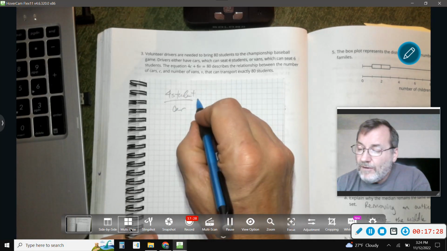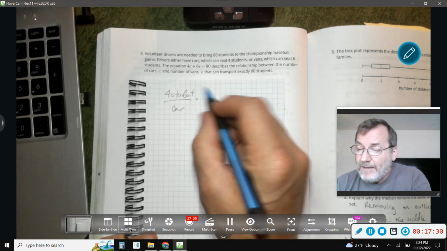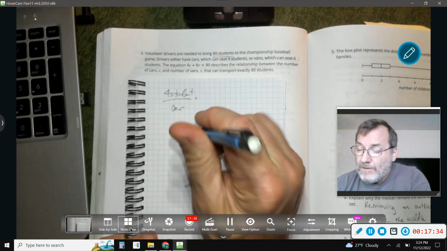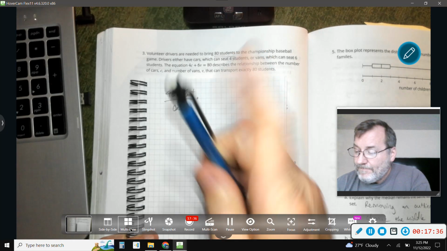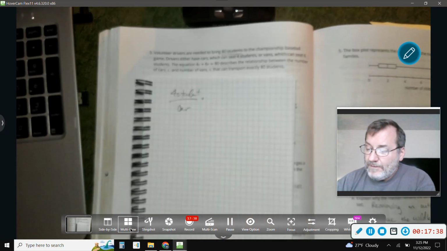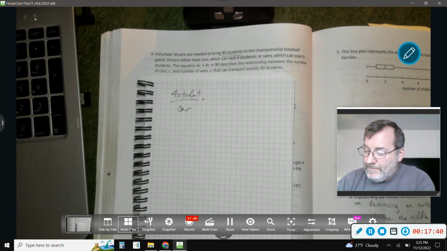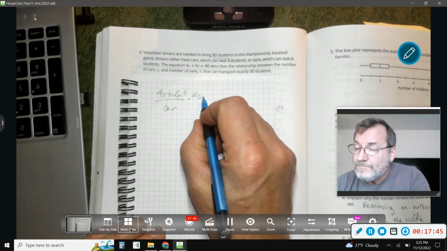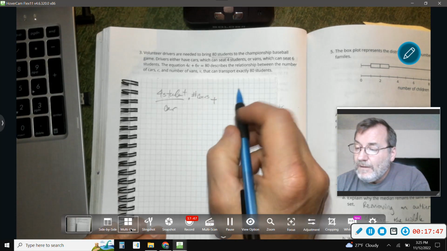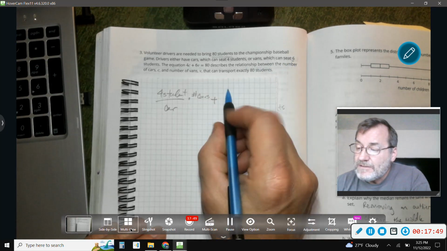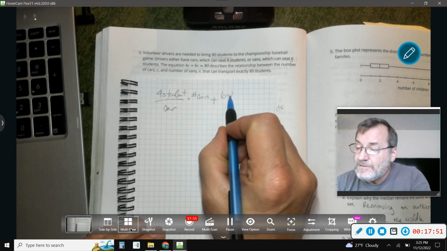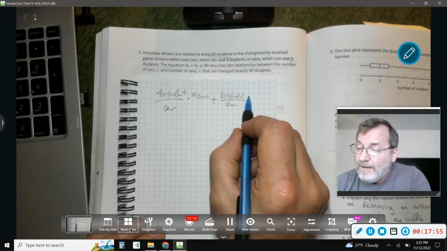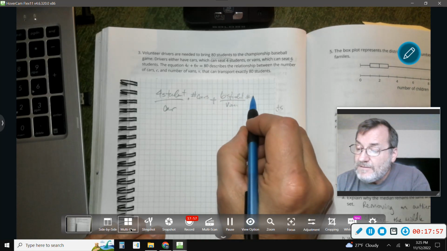Since ultimately I want to have students because I have 80 students that I'm dealing with here, I want to do a little bit of work here. So I need to know the number of cars. And I know the vans can hold 6. So that's 6 students per van. And I'll have to know the number of vans.